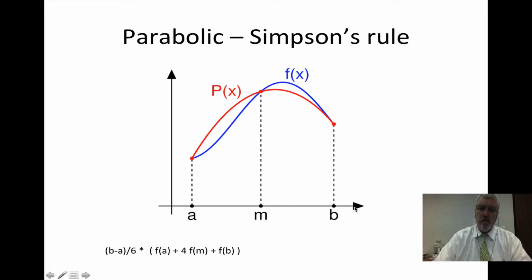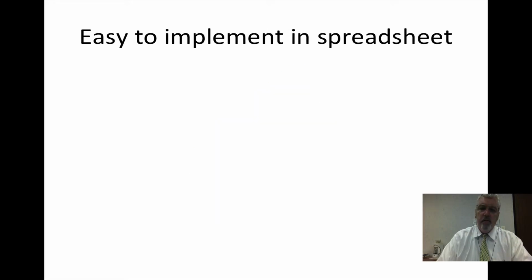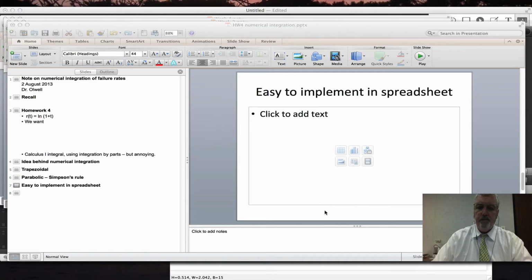That's an exact solution for the area under the parabola that goes through those 3 points. This tends to be much more precise than using the linear approximation. These are easy to implement in a spreadsheet, and that's what I want to do next, show you how to do that.